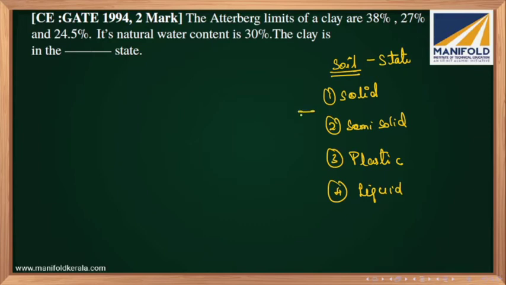The boundary water content at which the soil changes from semi-solid to solid, or solid to semi-solid, would be the shrinkage limit.